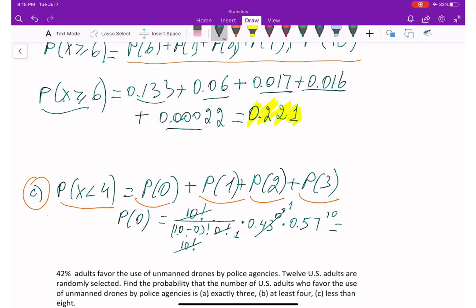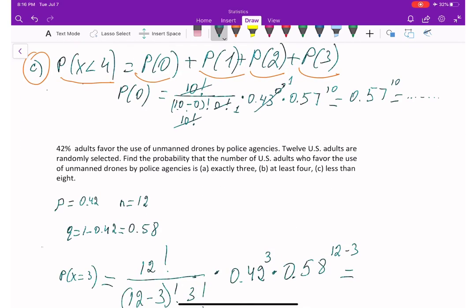So all you have left is 0.57 to power 10. You find it and write down the answer here. And then the same way, instead of 0 everywhere you plug in 1, and then 2, 3, and then add them up. Okay?